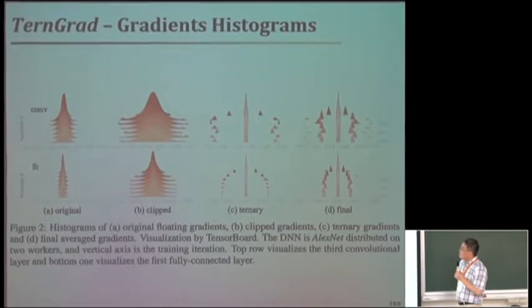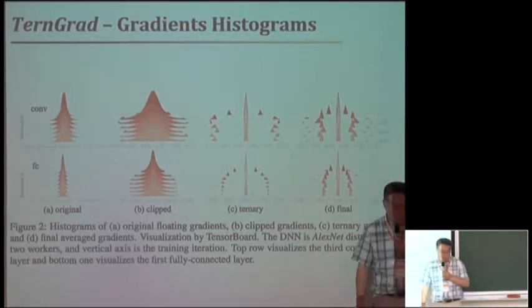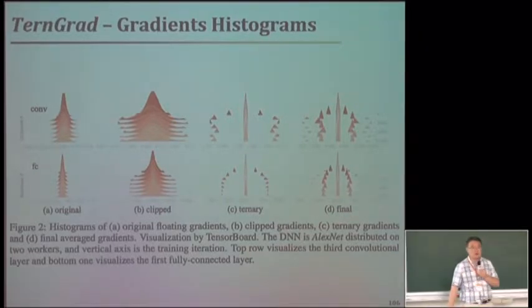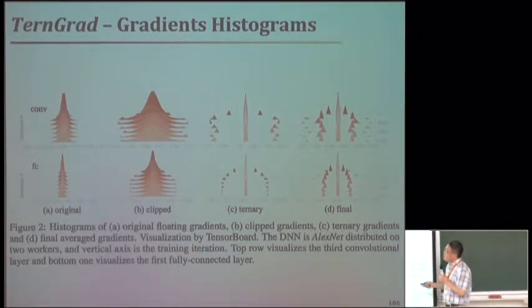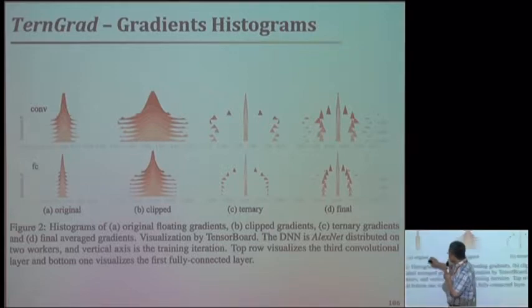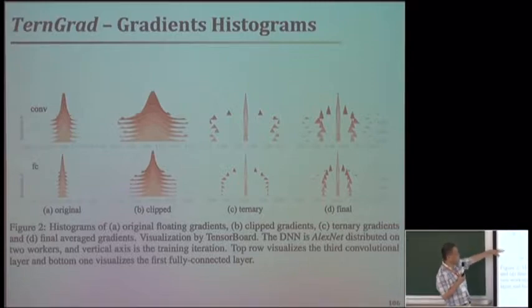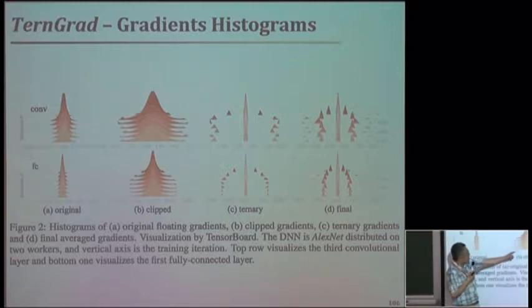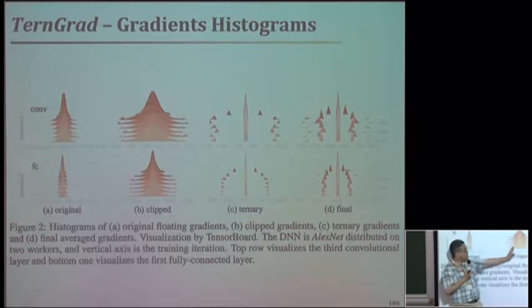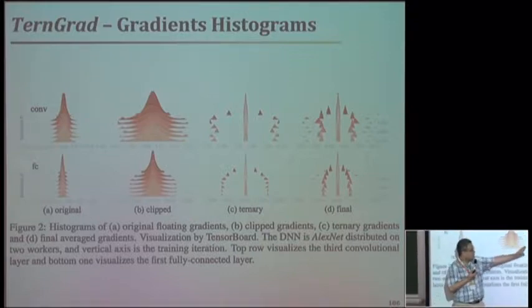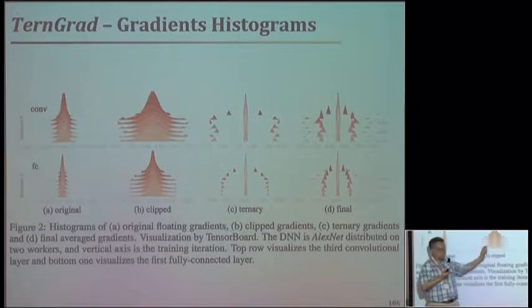But we can understand this part about how we can really implement these things in the distributed computing environment. This is the original distribution of the gradient. You see, they all follow different distributions for convolutional layers and also fully connected layers. If we do the clipping, you're actually going to find out that we cut the bound of the distribution. We cut the boundaries of this distribution. You see the small bit.